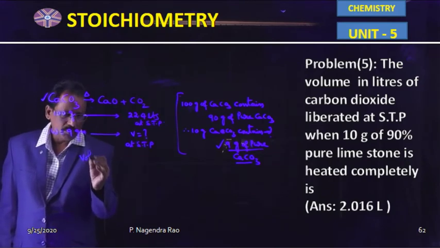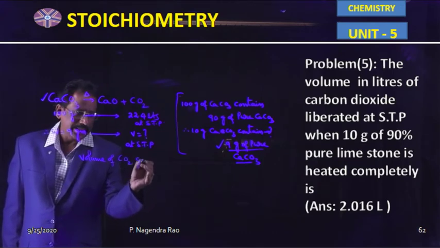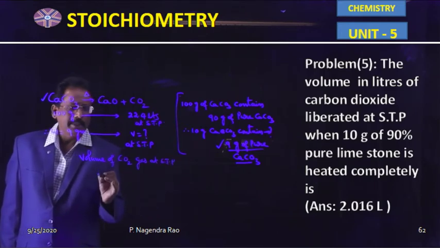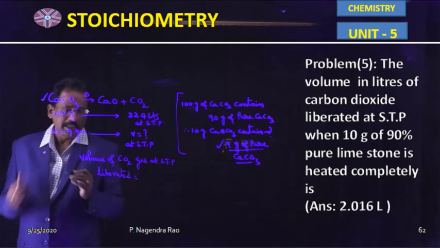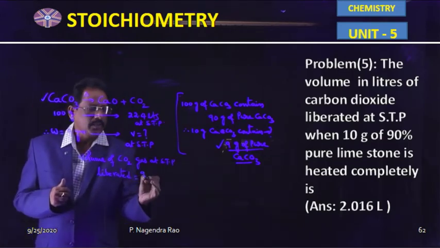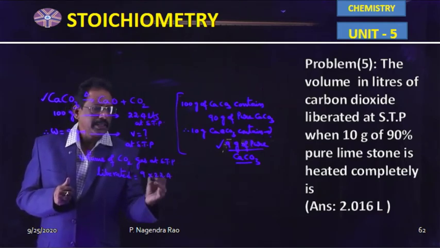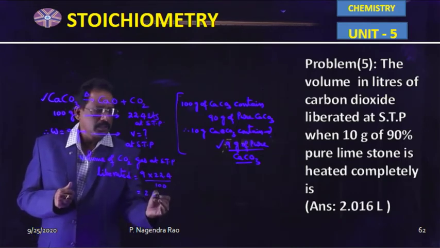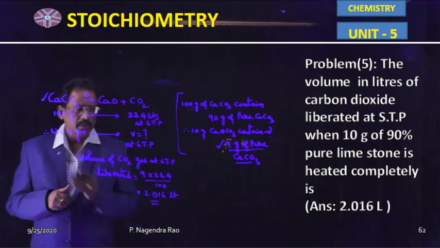Therefore, the volume of carbon dioxide gas at STP liberated is equal to 9 into 22.4 divided by 100, which is equal to 2.016 liters.